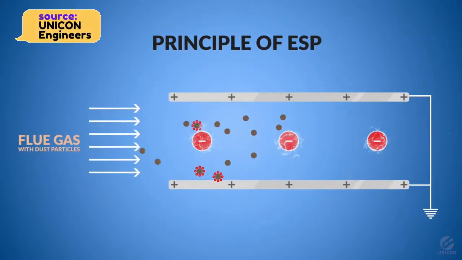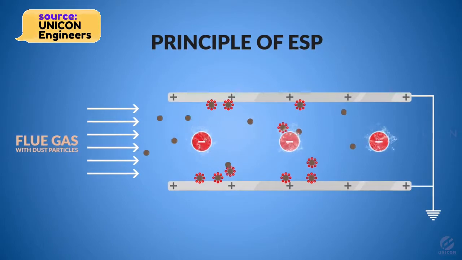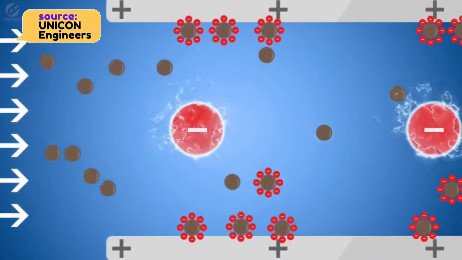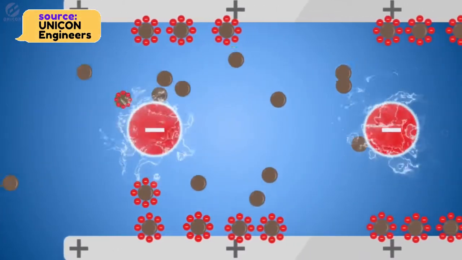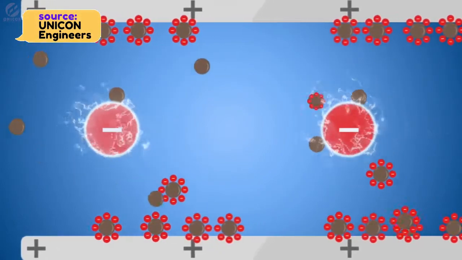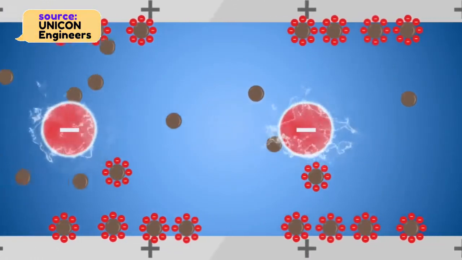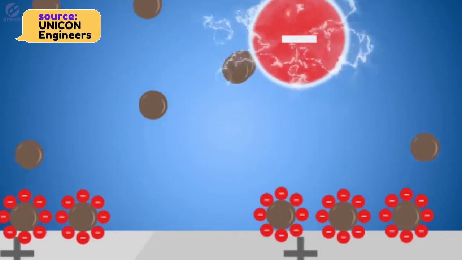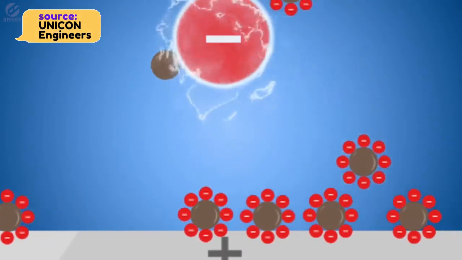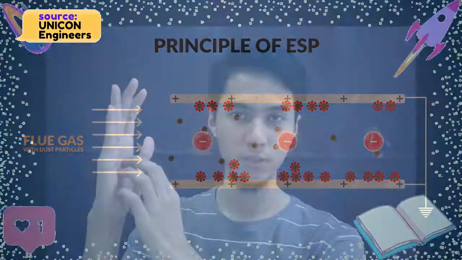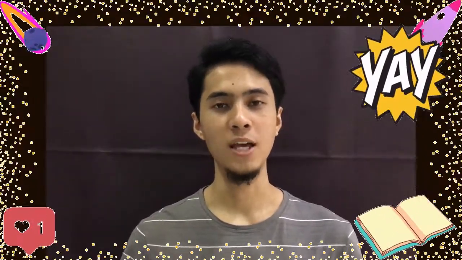This is because when dust particles pass through the ionized air, the free electrons will charge the dust particles negatively. When dust particles become negatively charged, these dust particles will be attracted to the positive electrodes. Thus, we can now collect all dust particles in the air onto the positive electrodes and have clean air.